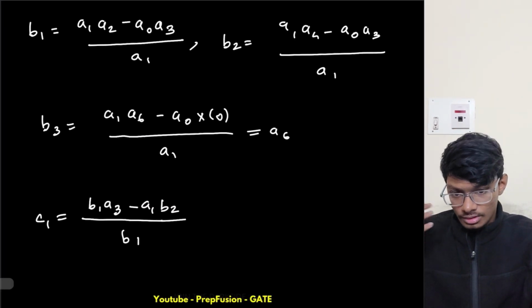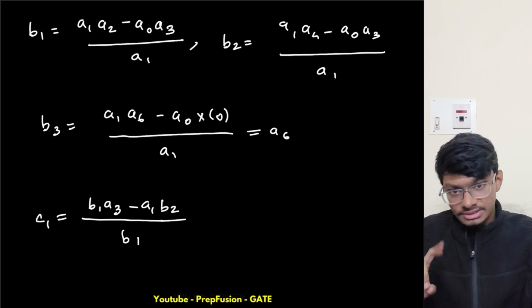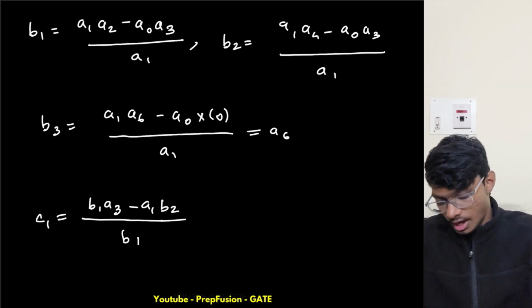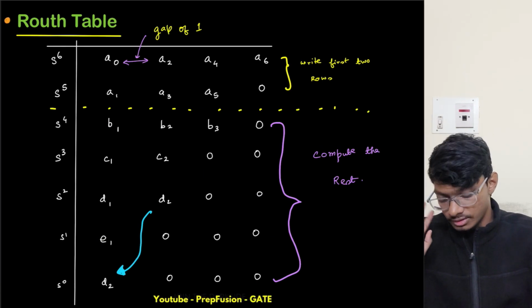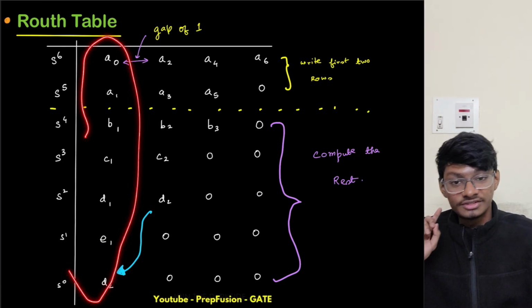So what happens is, after this, what do you do? After computing the Routh array table, we just look at the first column, because the first column is very important.